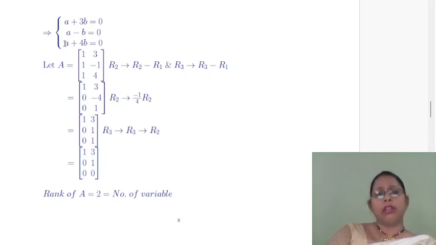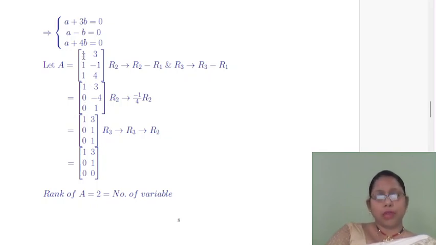Now solve this system of homogeneous equations. First, write the coefficient matrix, then find its rank by echelon form. So this is the coefficient matrix, obtained from the coefficients of a and b in all three equations.